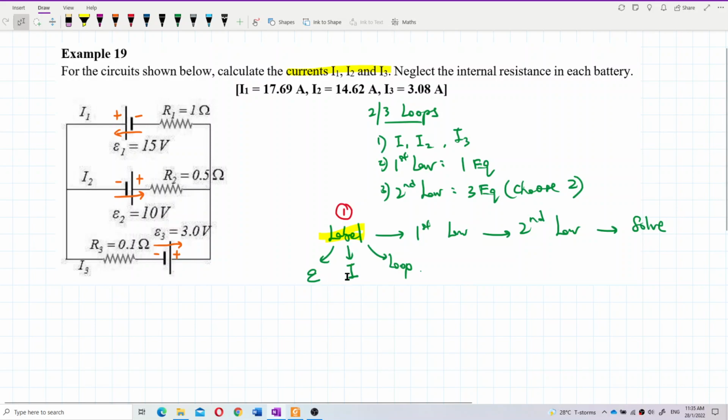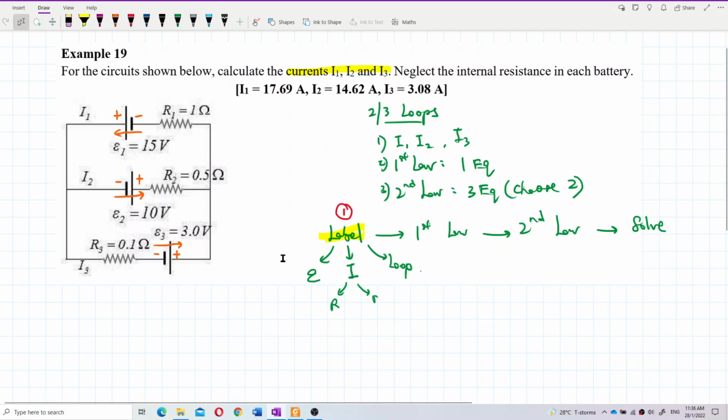Now label the current. Label the current at all the resistors and internal resistances. But for this battery, you say neglect the internal resistance, so we consider that all the batteries don't have any internal resistance, and there is only external resistance.